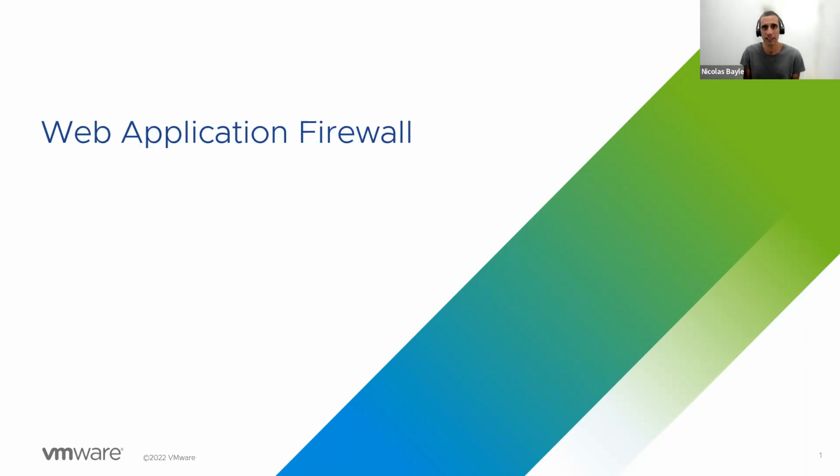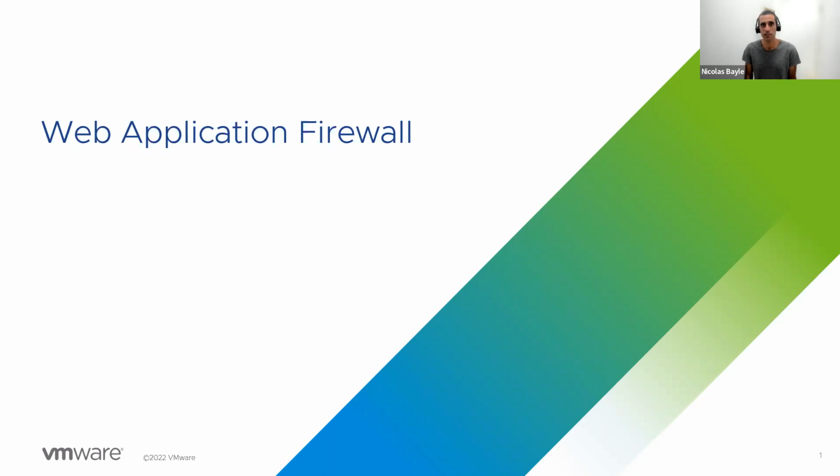But inside the HTTP protocol, what does it do? Well, it does not check the type of request that you are sending to your application. It does not check if this specific request makes sense for your application. It does not check if the protocol that the request is using is valid.